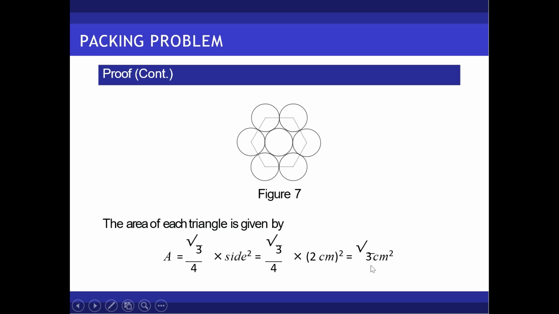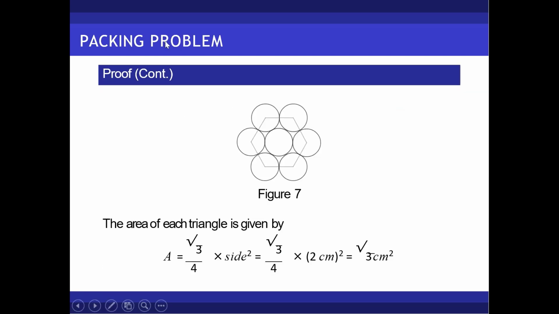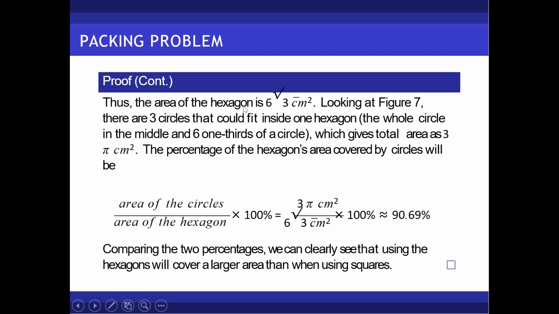So the answer is square root of 3 square centimeters. Since we have 6 equilateral triangles, the total area of the hexagon is 6 times square root of 3 square centimeters.